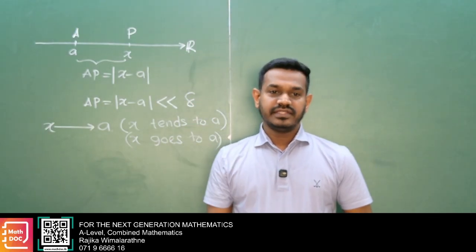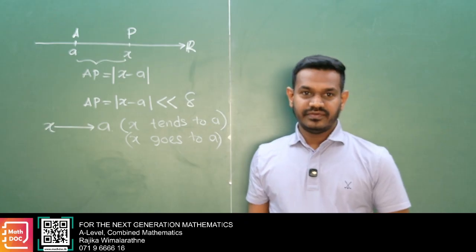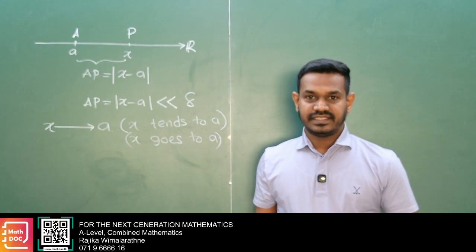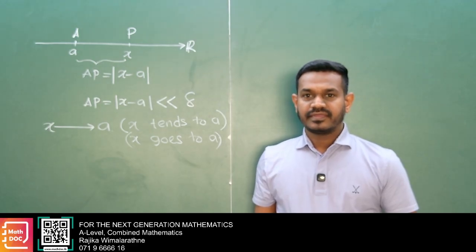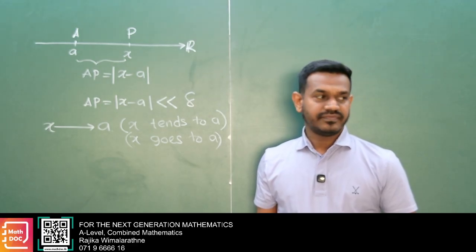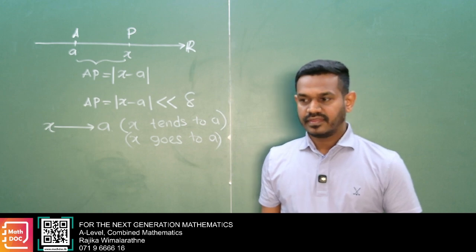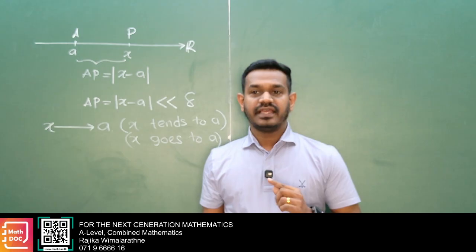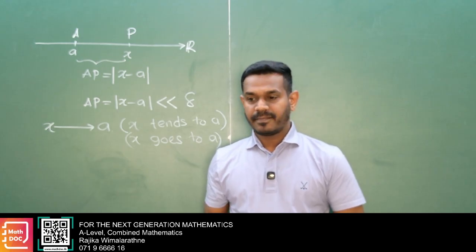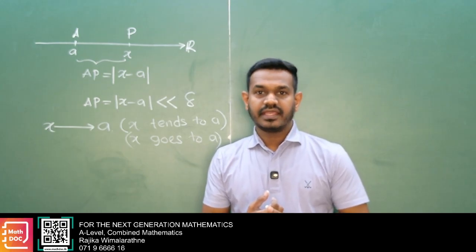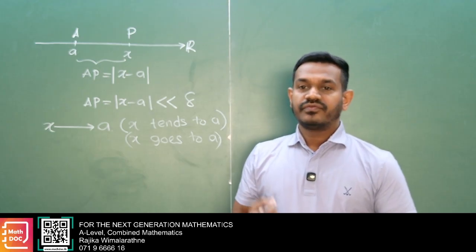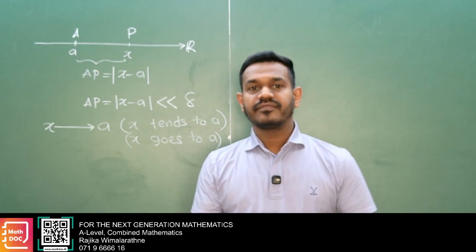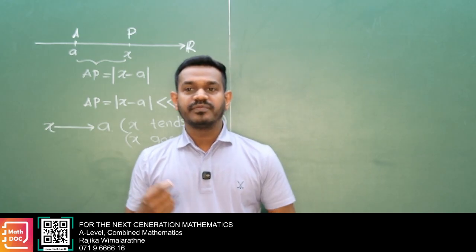Write down: the variation of x can be towards a from the left hand side or from the right hand side.